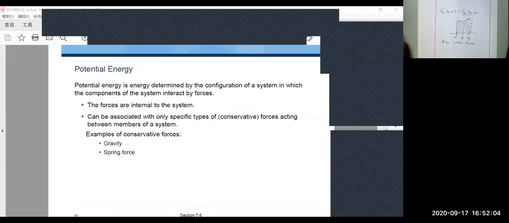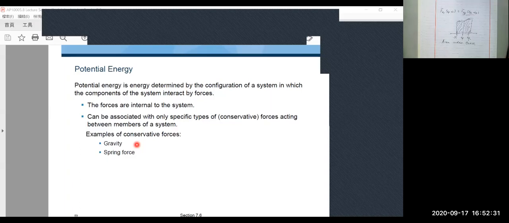And we also should have learned about the potential energy. Potential energy is related to the change of the configuration of the system. So, for example, in the case of the gravitational potential energy, you are talking about the change of the height of the object.